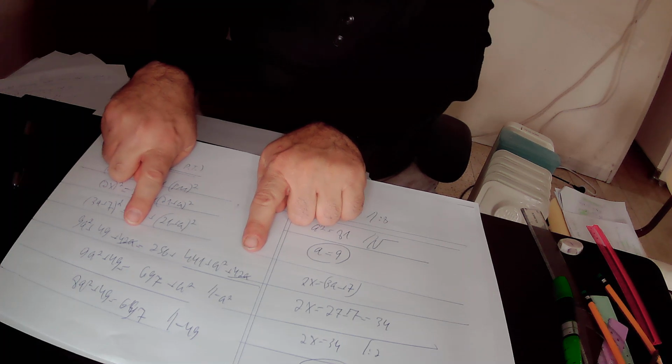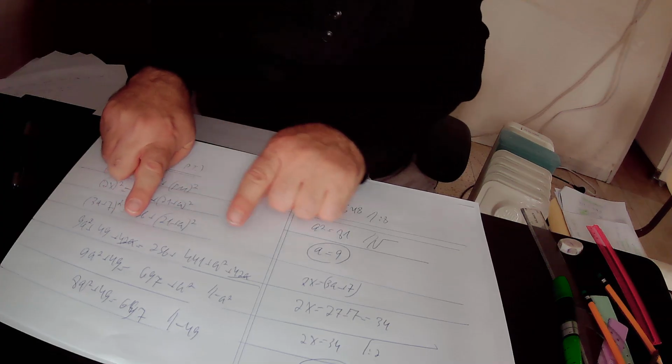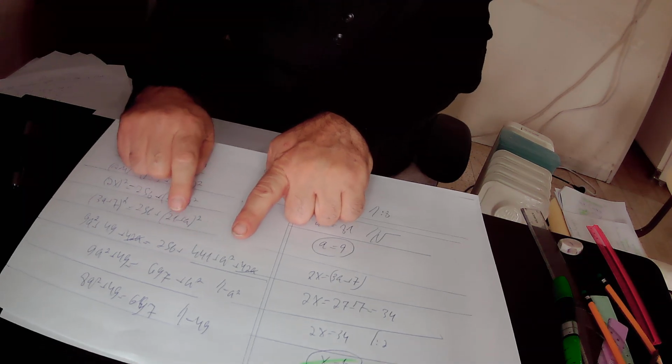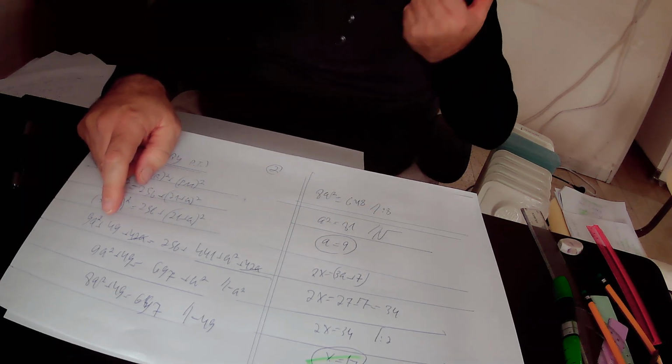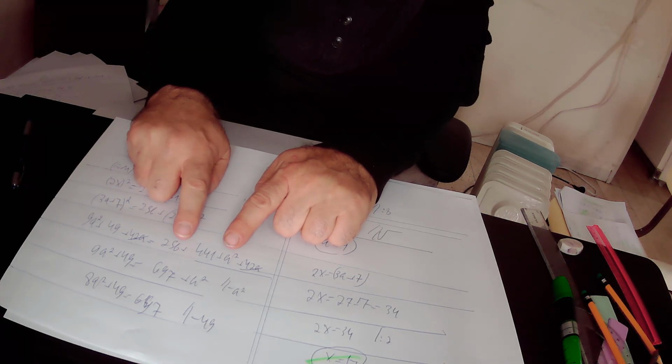After cancelling 42a, on this side of the equation we have only 9a squared plus 49, while on the other side we have 256 plus 441, which is 697, plus a squared. In total, 9a squared plus 49 equals 697 plus a squared.